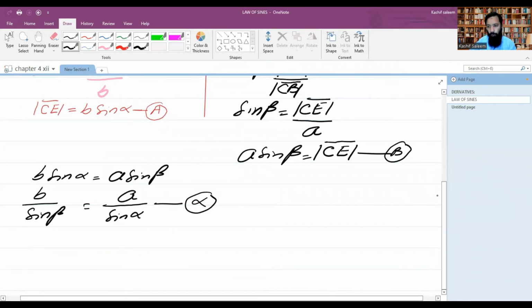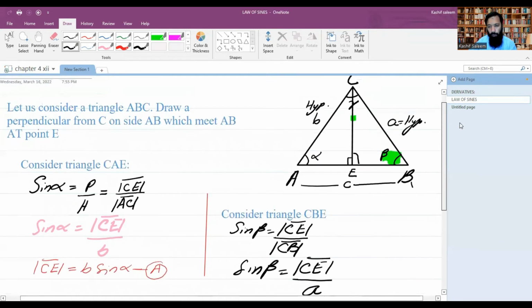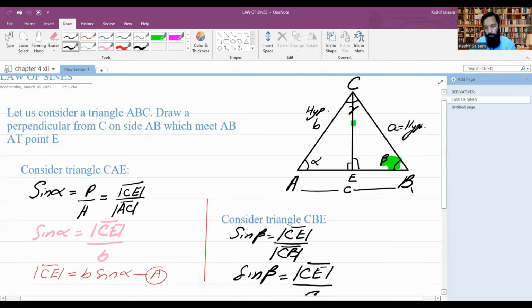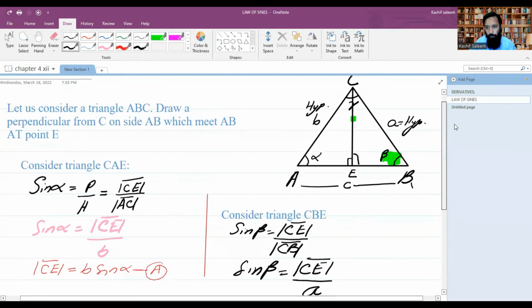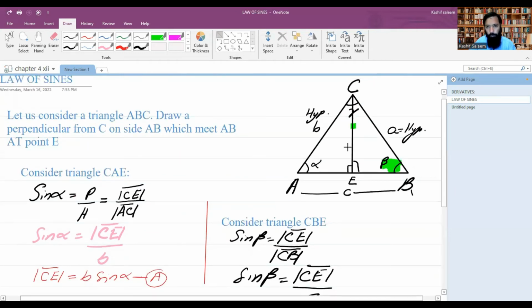Now we again draw a similar triangle, but this time we draw the perpendicular from B on AC.